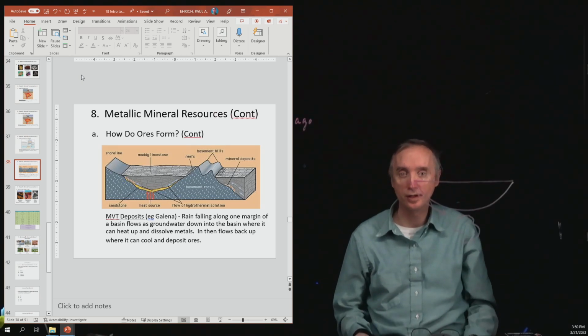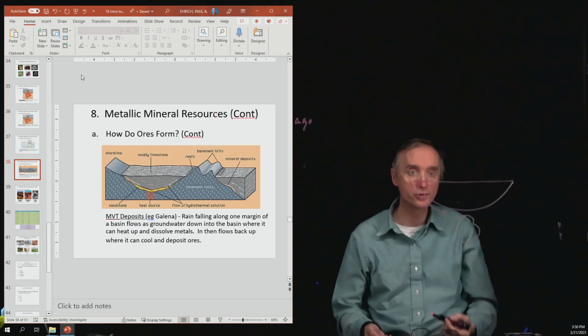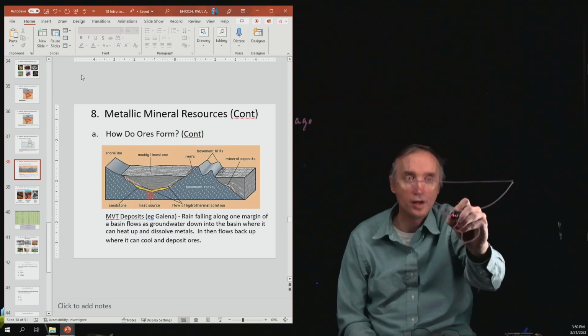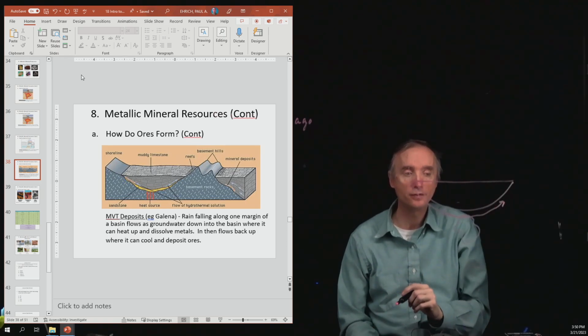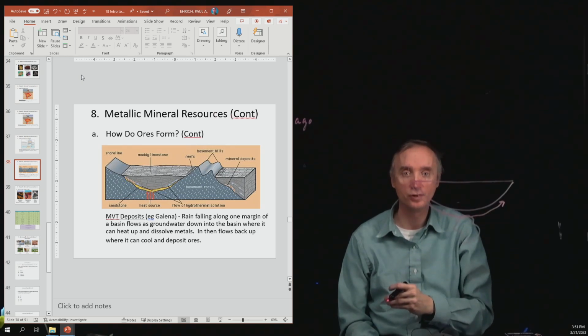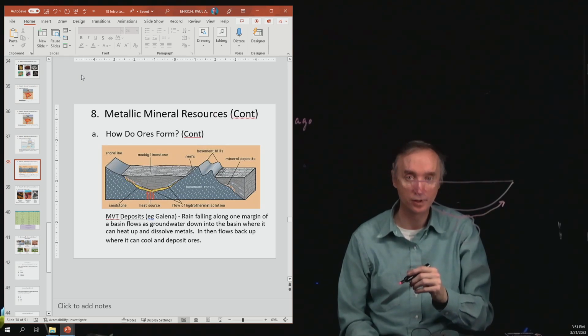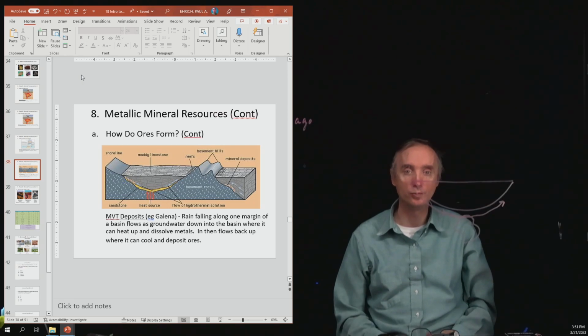So the water's going to get hot, it's going to dissolve certain kinds of minerals and ores, and then on its way back up to the surface, it's going to start cooling off, and then it's going to start redepositing those ores. So an example of this would be how you get galena.